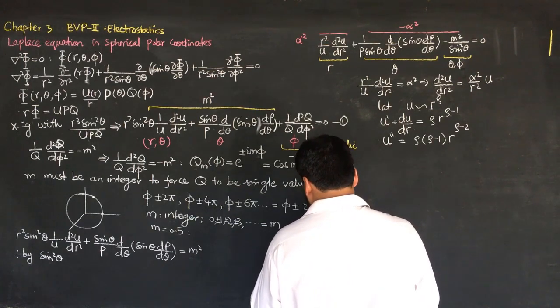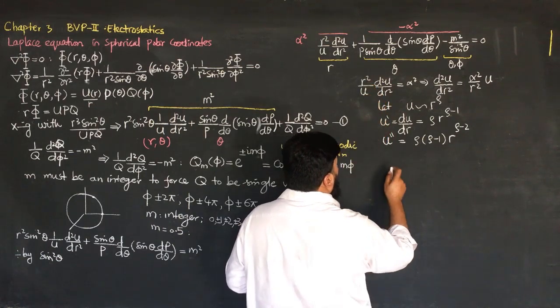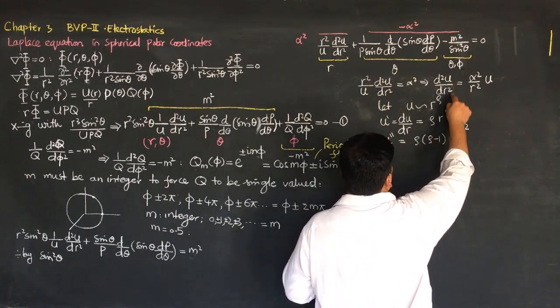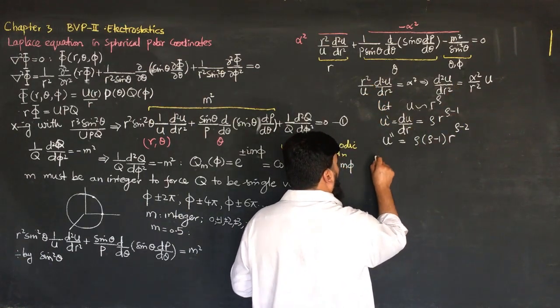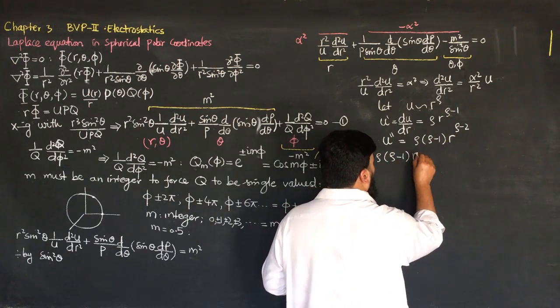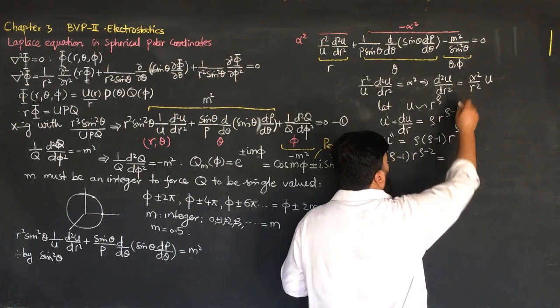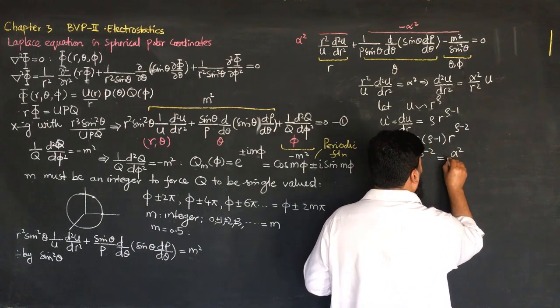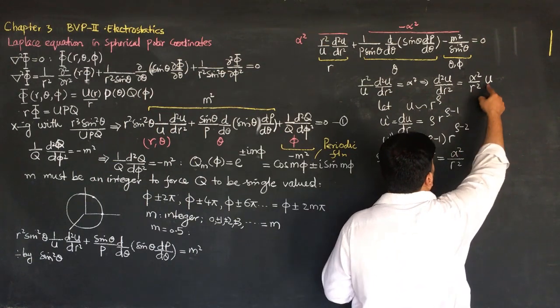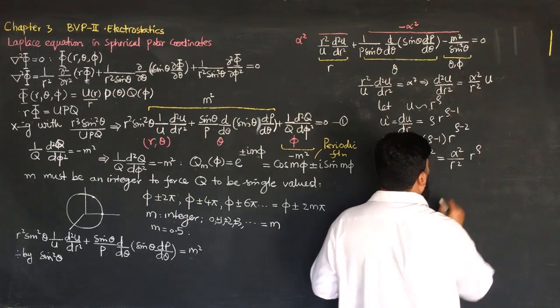So we are having our equation like this, and now just putting back the values here, so I will have rho into rho minus 1 into r to the power rho minus 2. This is equal to alpha square over r square, and for u I will write r to the power rho.